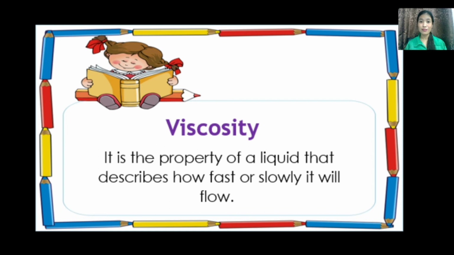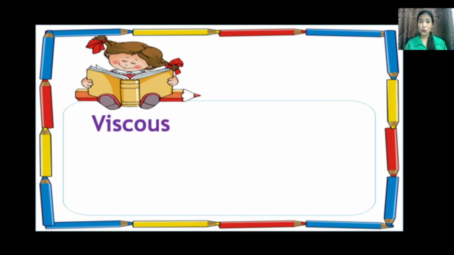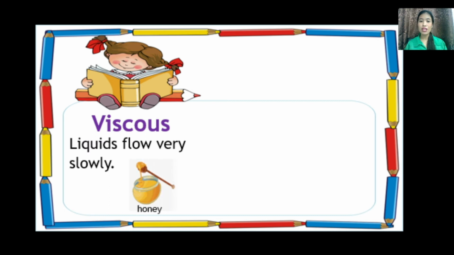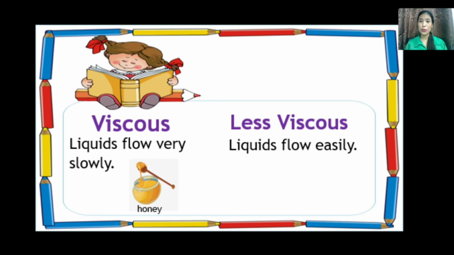We categorize viscosity as viscous, or liquids that flow very slowly, just like honey. And we also have less viscous, or liquids that flow easily, just like juice. So that is the characteristic of liquid.